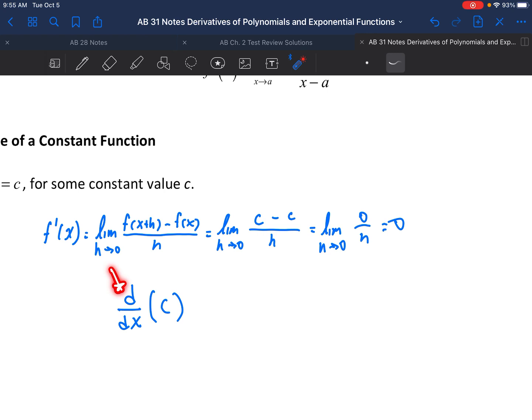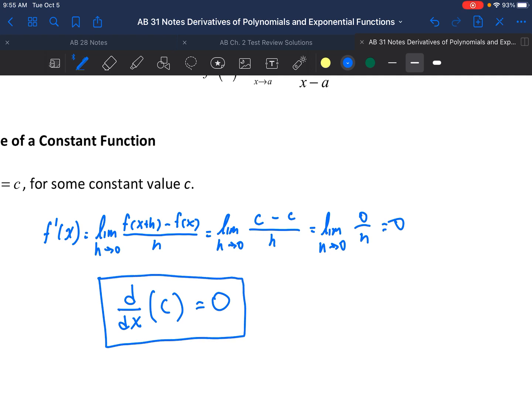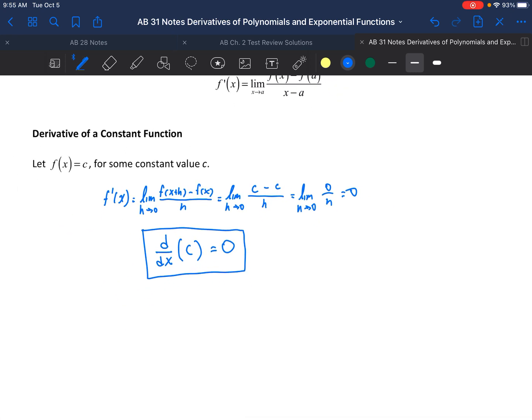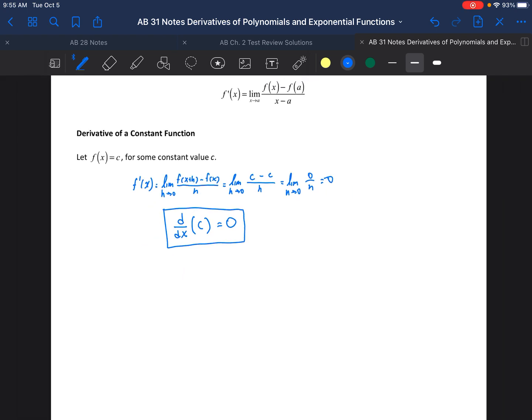This is saying the derivative of this function with respect to x is always 0. Anytime we have the derivative of a constant, it's always 0. That's a horizontal line, and the slope of a horizontal line is always 0. Never have to apply that limit rule for that again.